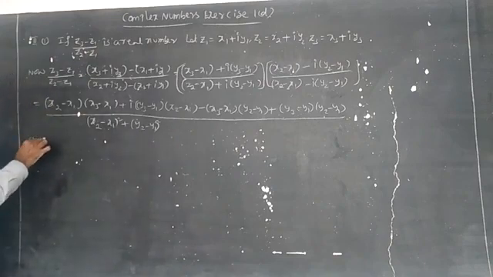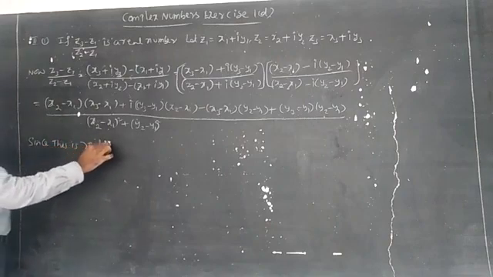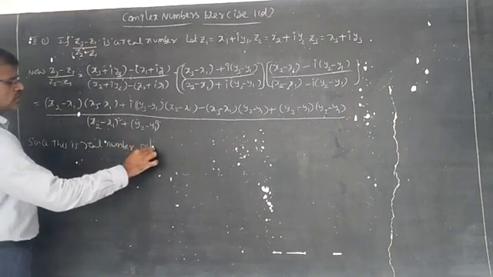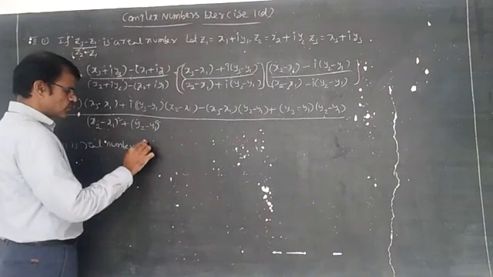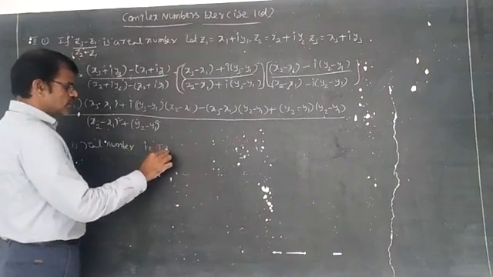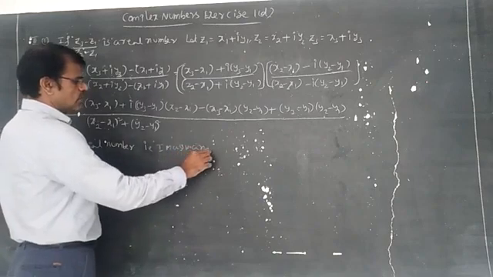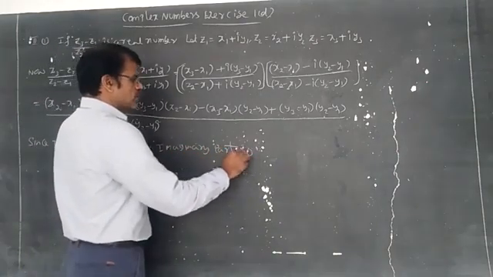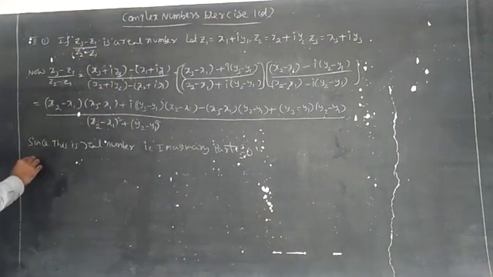Since this is a real number, that means it is only a real number, it is not imaginary, meaning the imaginary part is equal to 0. So take only the imaginary part.